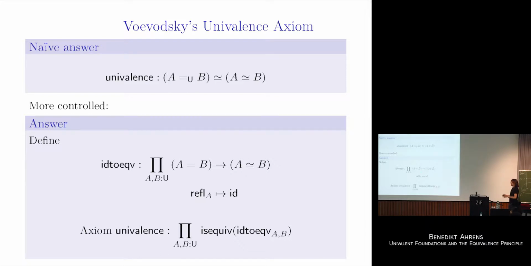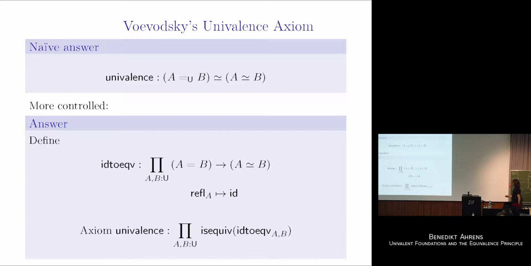And by the specific way that this identity type behaves, this map that is defined only for reflexivity will somehow magically generalize to all types A and B and identities between A and B.